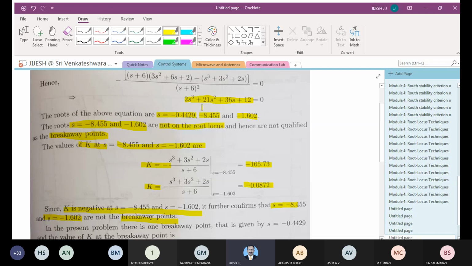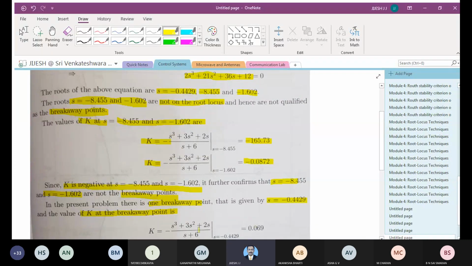So one more is available, that is minus 0.4429. So let us take that the one breakaway point that is given here is s is equal to minus 0.4429, and the value for k at this breakaway point you can find out.